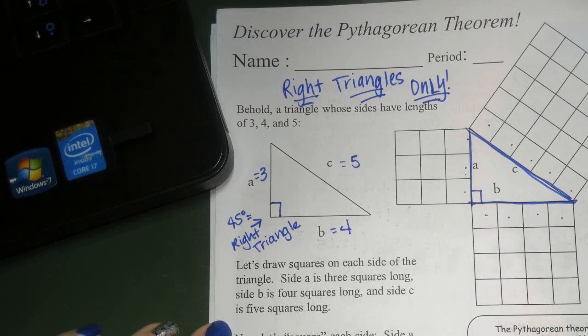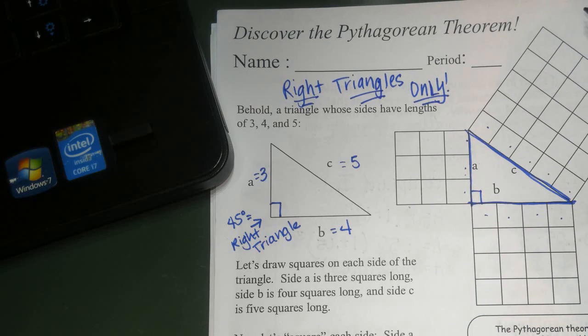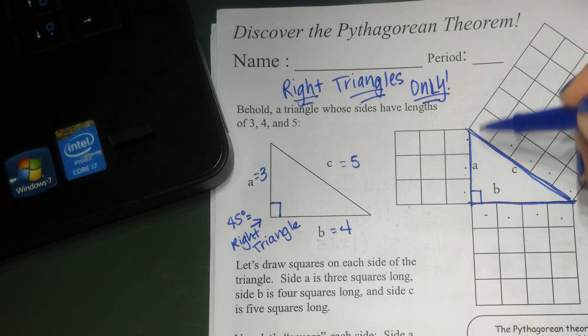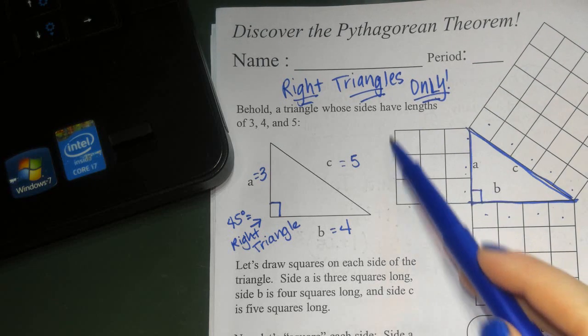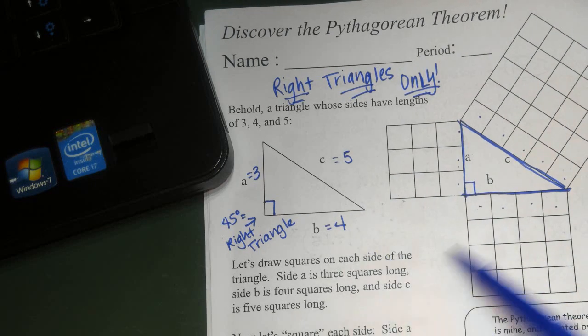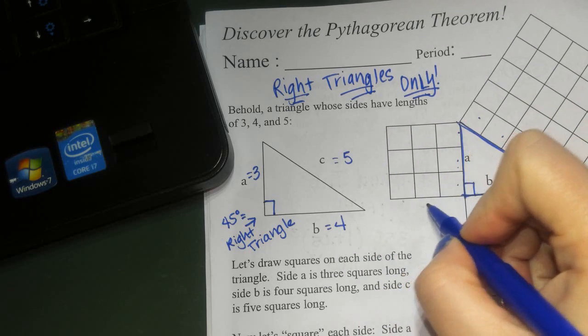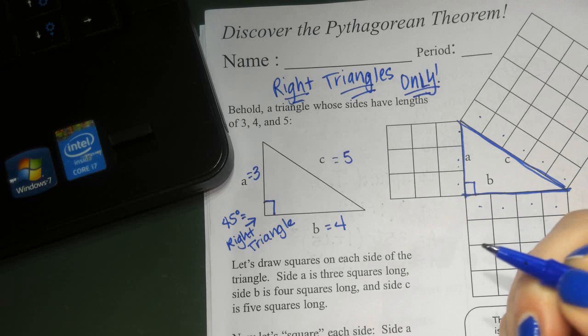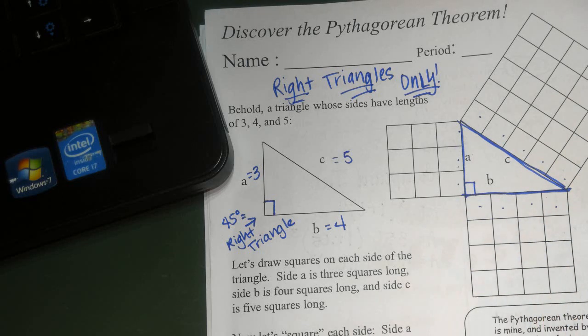So now what we want to do is square each side. That's why you have each of these big squares coming off each side. I want you to square them. When we say square them, that means multiply each side by itself, by the same number.